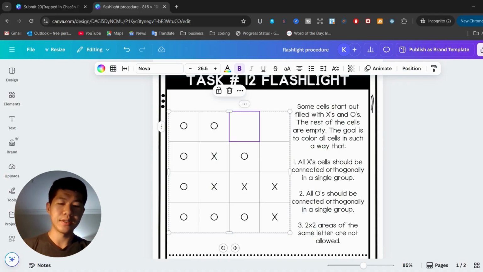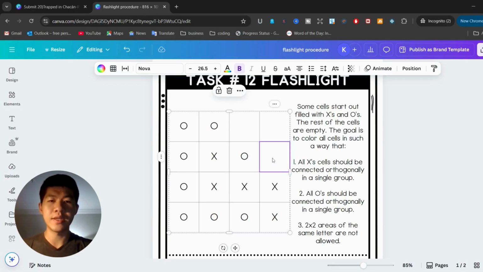And then this right here, it can be, let's say here, the X. I can fill out an X here, and I can fill out an X here.